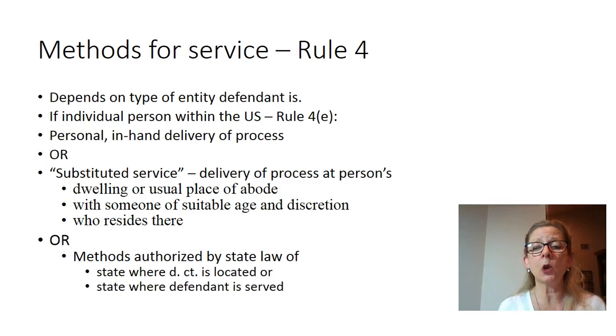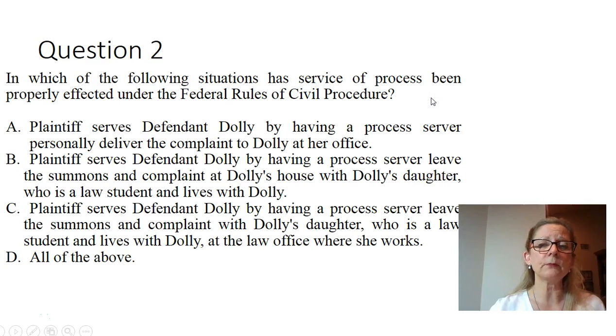So potentially this opens up the methods of service to first-class mail or other methods of service that are authorized by state law that the federal rules themselves do not authorize.